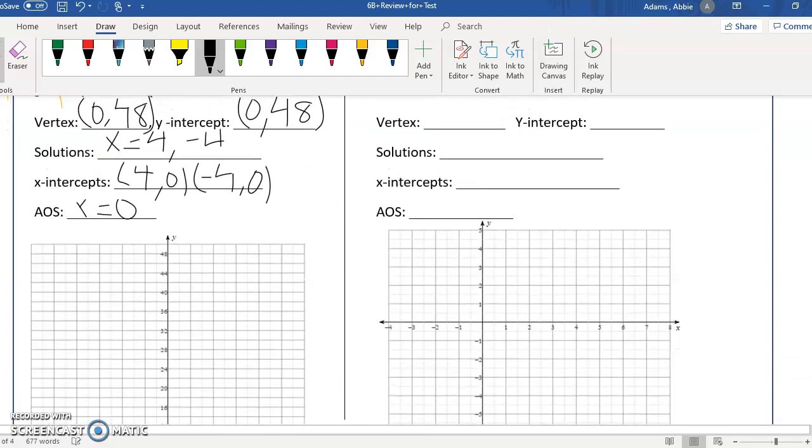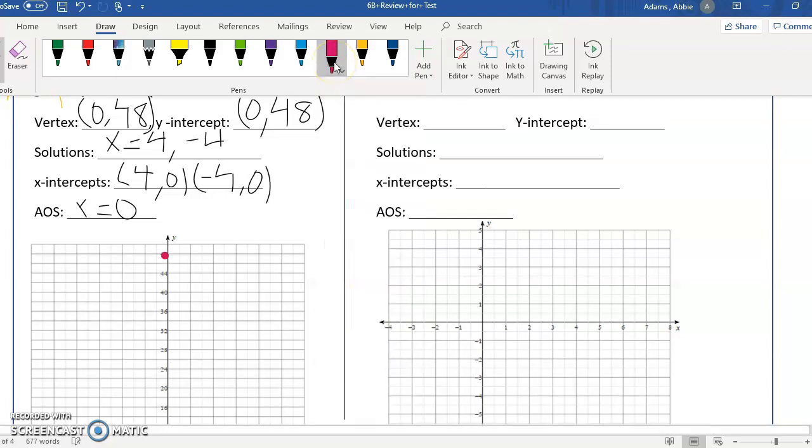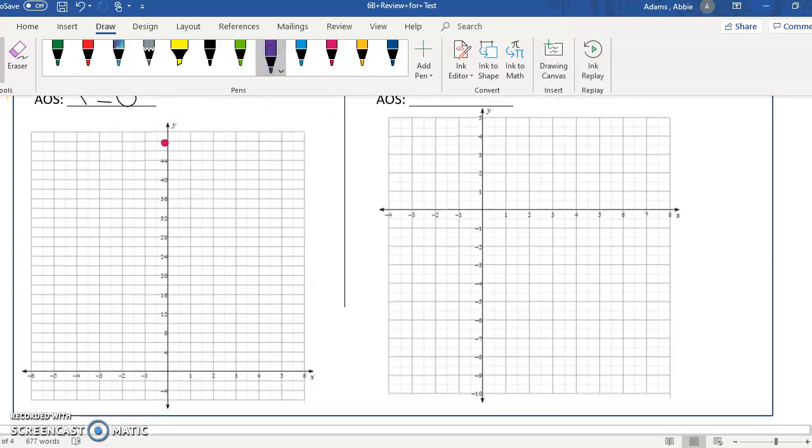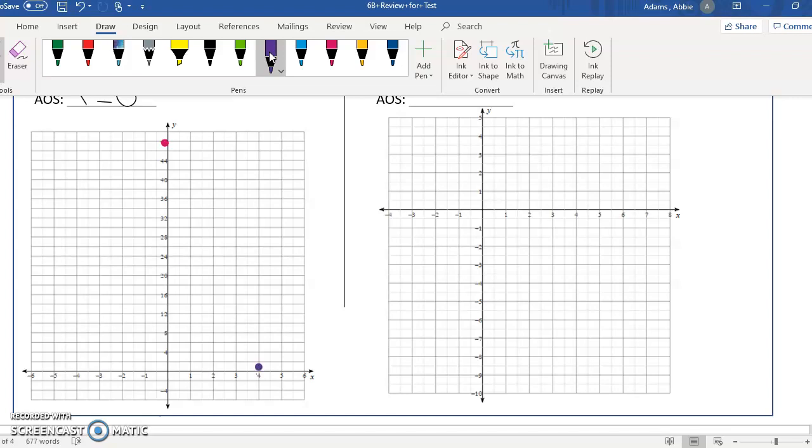We have our vertex and our y-intercept at 48. Let me make this a little bit thicker. So I'm going to have one point at 48. And then my x-intercepts were at positive 4 and negative 4.